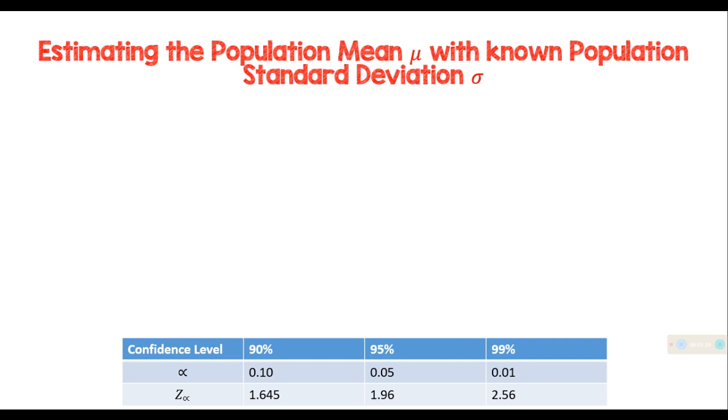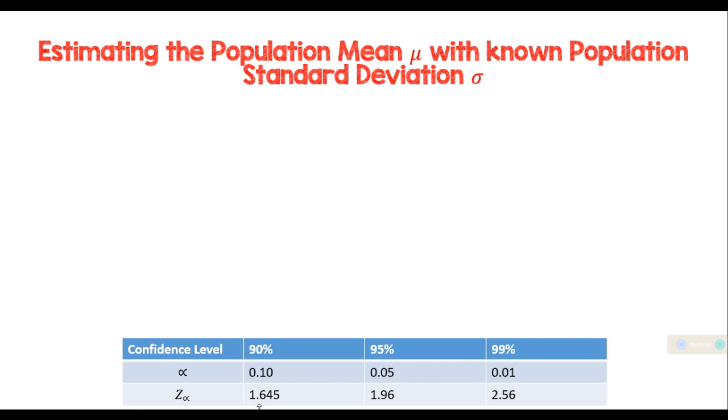Now, I've included here a table. We have here the confidence coefficients, 90, 95, 99%, or the confidence level. And then the alpha is the difference between 1 minus the confidence coefficient. So 1 minus 0.90 is 0.10 in decimals. 1 minus 0.95 is 0.05 and 1 minus 0.99 is 0.01.